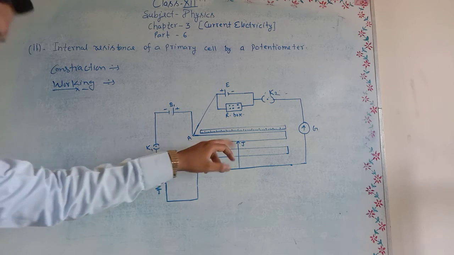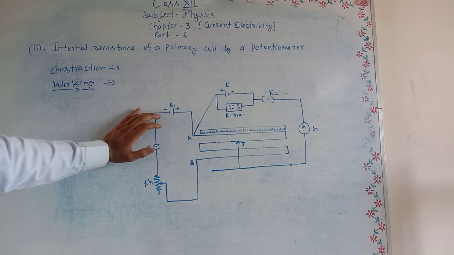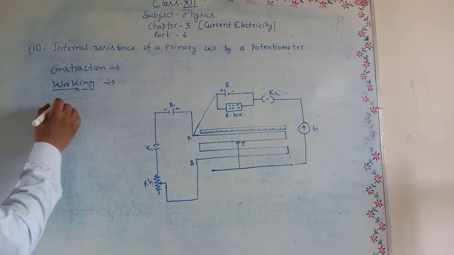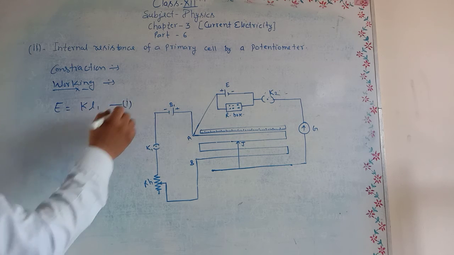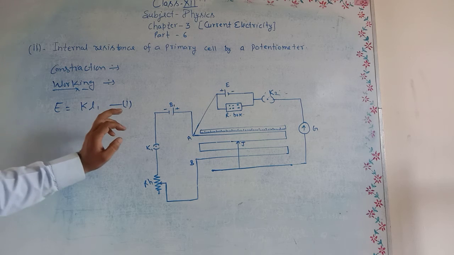Let L1 be the balancing length of the wire. If K is the potential gradient, then the EMF of the cell E is equal to K L1, equation number 1.